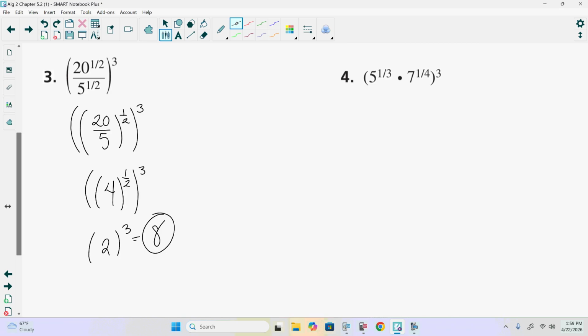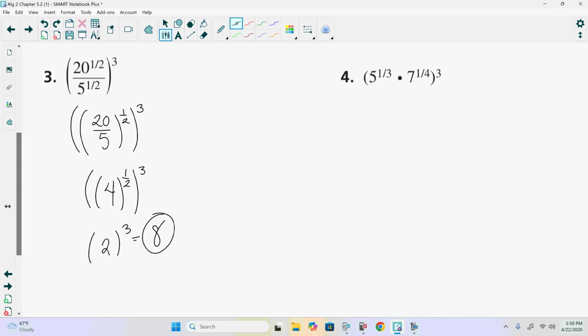Let's look at the next one. 5 to the 1/3 times 7 to the 1/4, all to the 3rd. We have two bases or two numbers being multiplied together, but since they're not like bases, we cannot add the exponents. On one of the previous ones where we were able to pull the exponent away from both and multiply and then simplify down, we can do that because the exponents were the same. 1/3 and 1/4 are not the same exponent.